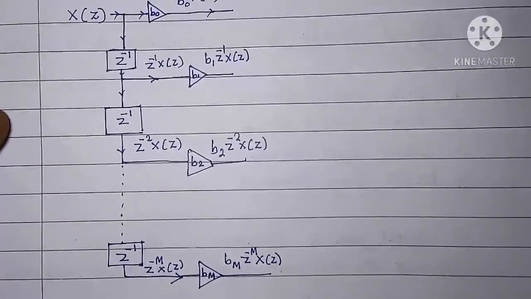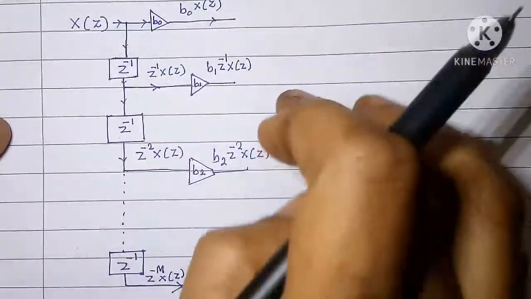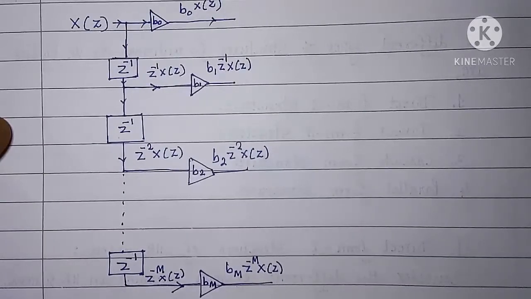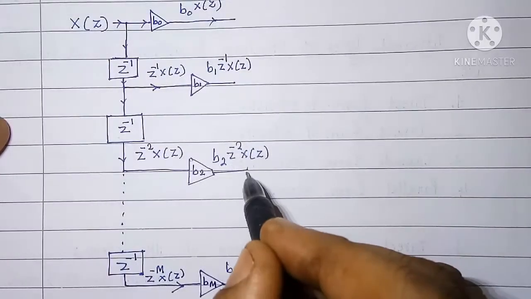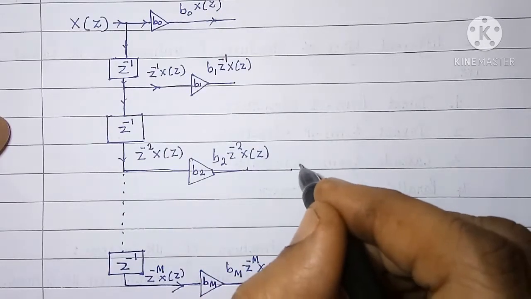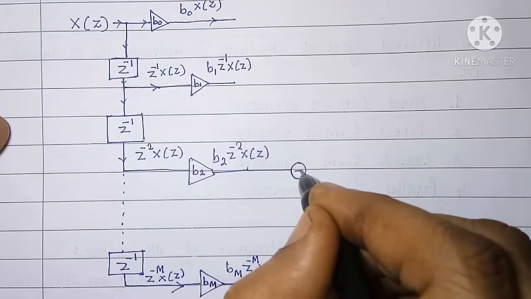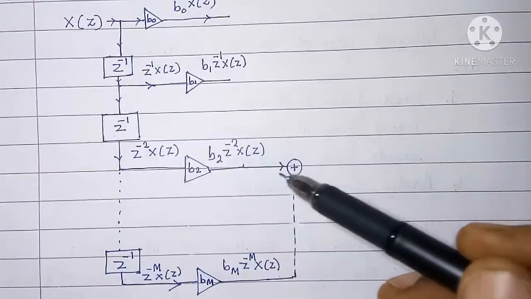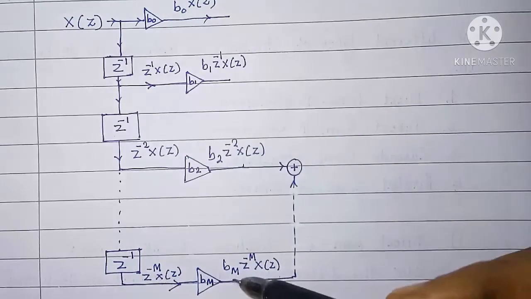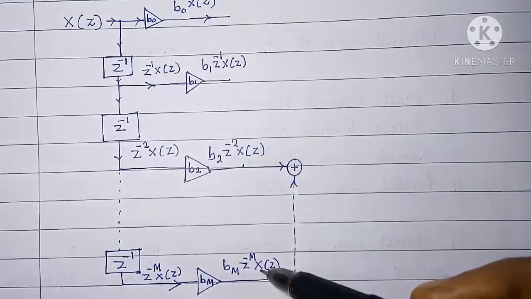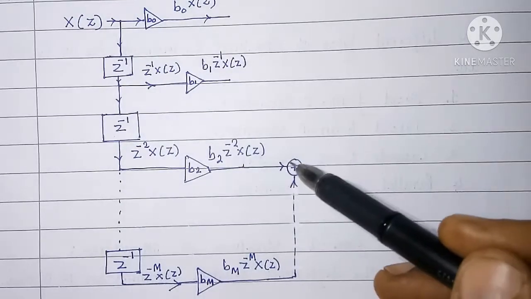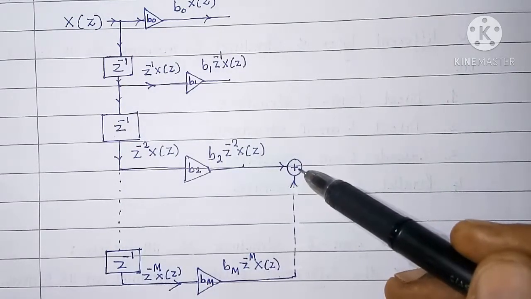Next we have to add all the outputs here. So for addition we will make use of adder. So I will show one adder here. For adding the two outputs b2 z raised to minus 2 into x of z and bm z raised to minus m x of z, we will make use of an adder.